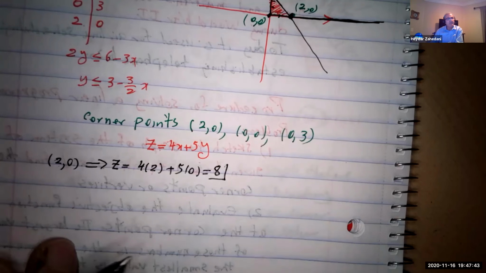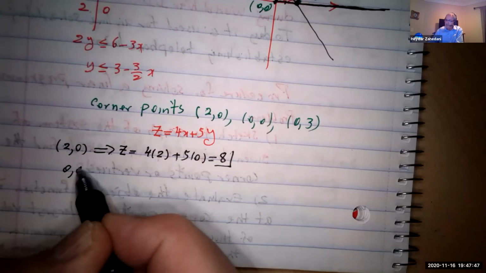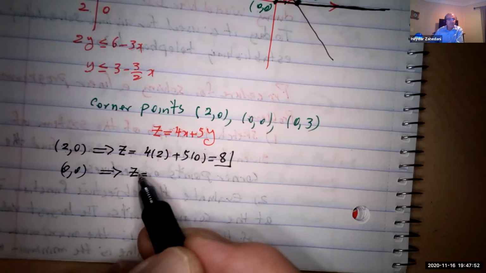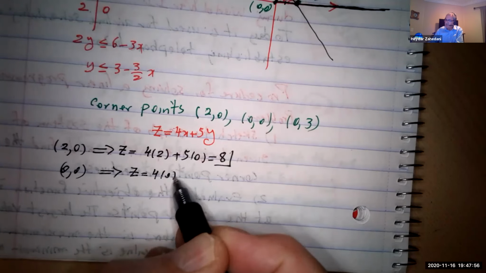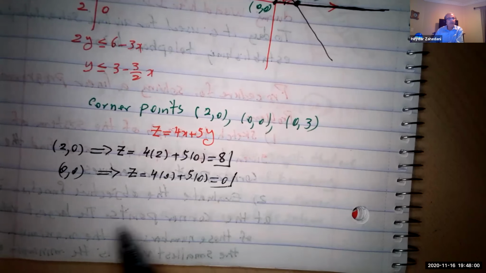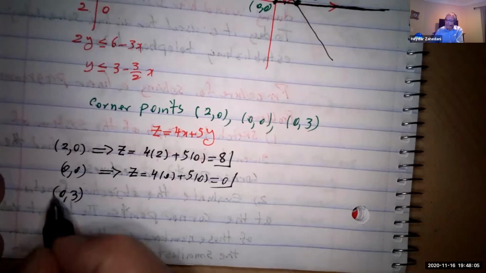That's the first number. At the second point, we get 0, 0. If you put 0, 0, z would be 0. Okay, because this is going to be just 4 times 0 plus 5 times 0, which is 0. Okay, and the last point is 0 and 3.